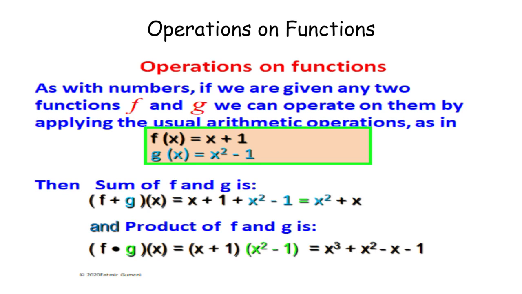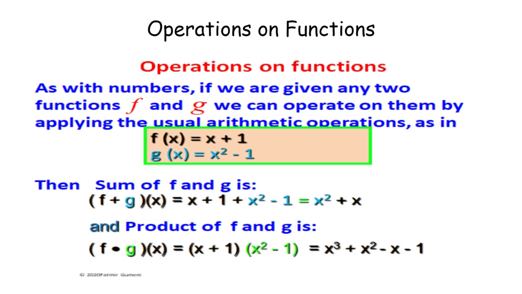Then, sum of f and g is f plus g of x equal x plus 1 plus x squared minus 1. Combine like terms and obtain x squared plus x. And product of f and g is f multiply g of x equal x plus 1 multiply x squared minus 1.